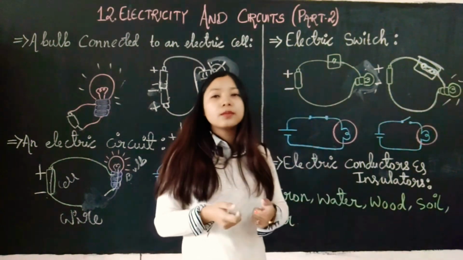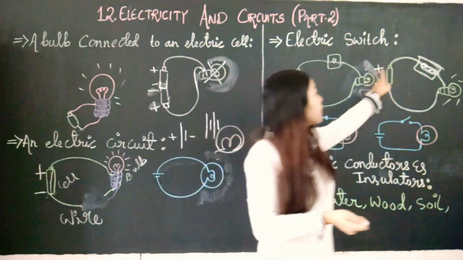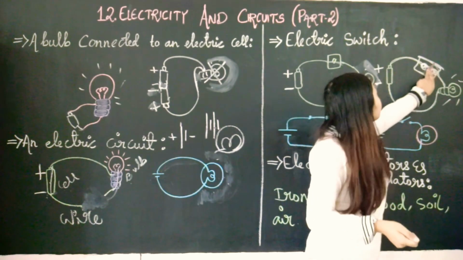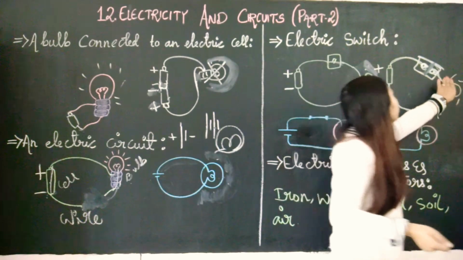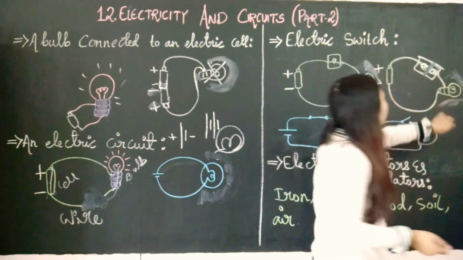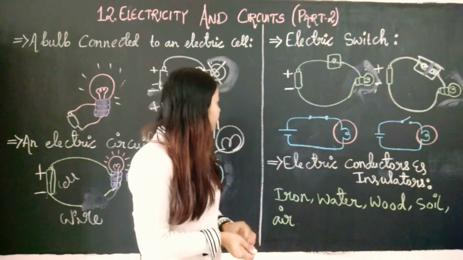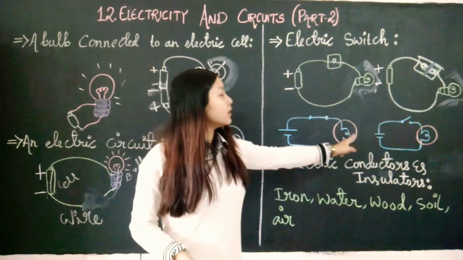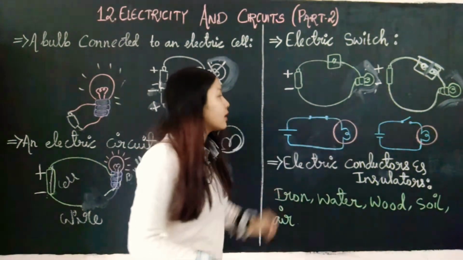If you open up the pin or you break the pin, then the circuit will be open here. There is an opening here, so the bulb will not glow in such case. So this is a simple activity you can do in your home. These are simple electric circuit diagrams for open and closed circuit.